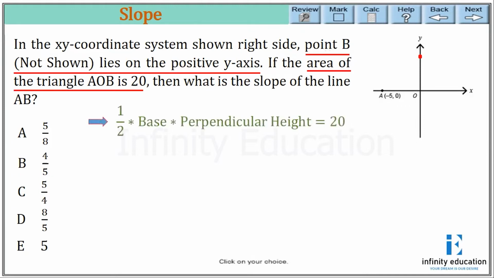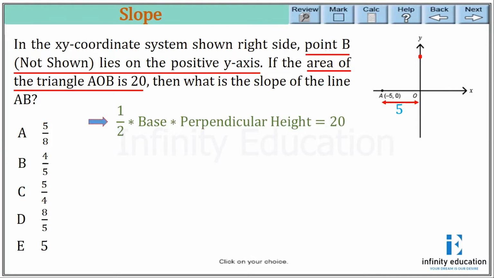So we know the area formula of a triangle is half into base into perpendicular height equals 20. We have the base as 5 because the coordinate for A is negative 5, 0 and O is 0, 0, so the base value should be 5.